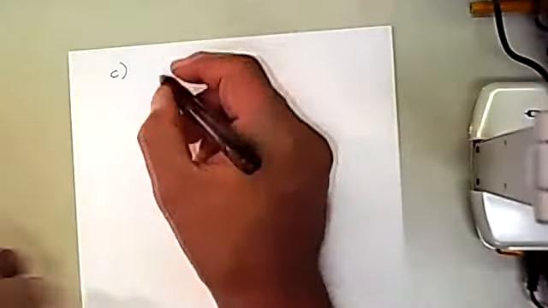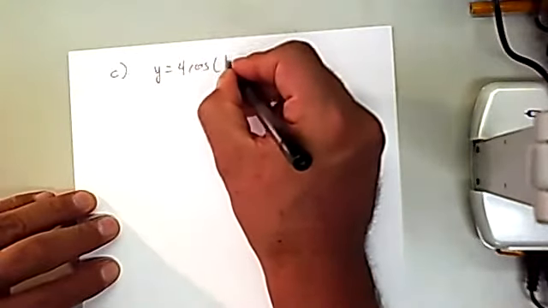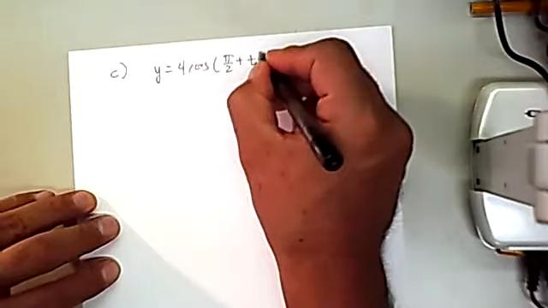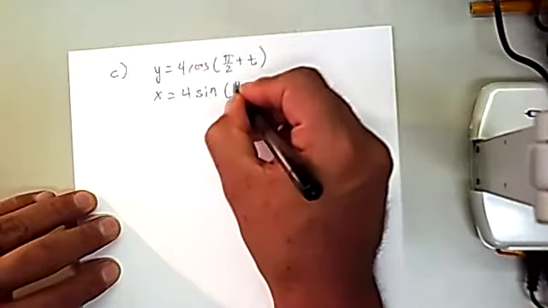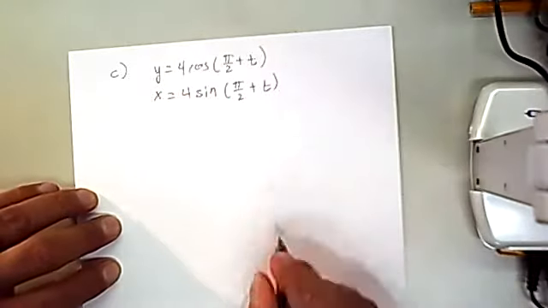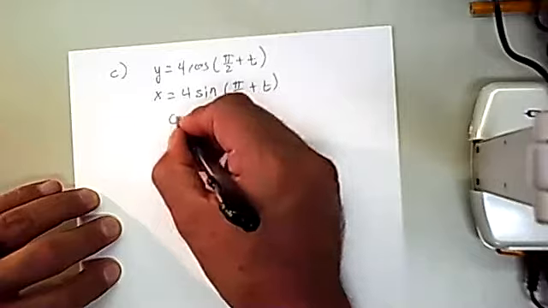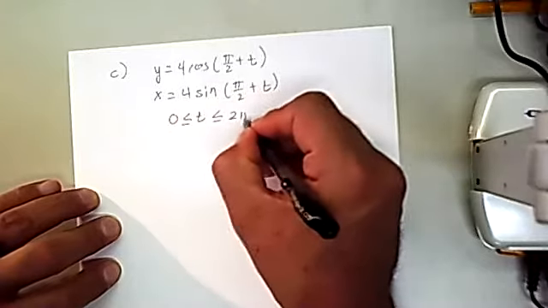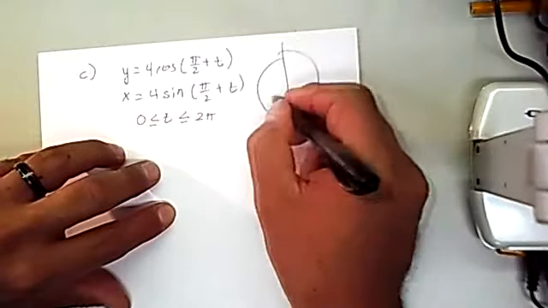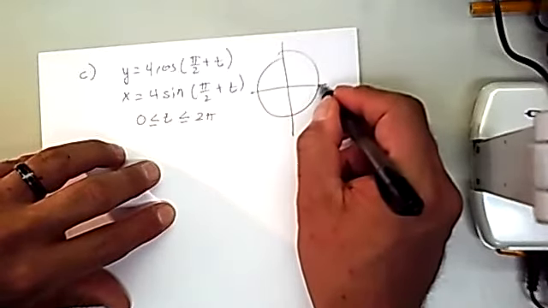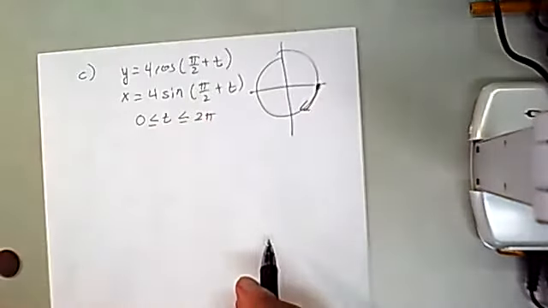What we can do is set y to be 4 times cosine of pi over 2 plus t, and x would be 4 times sine of pi over 2 plus t. Again, t is between 0 and 2 pi. And this causes us to have a circle in the xy plane starting at this point and going in this direction. So you can shift this one way or the other.